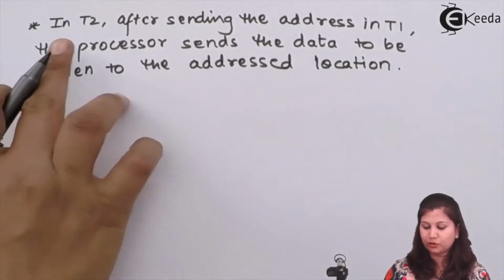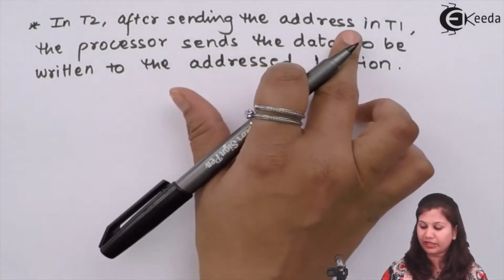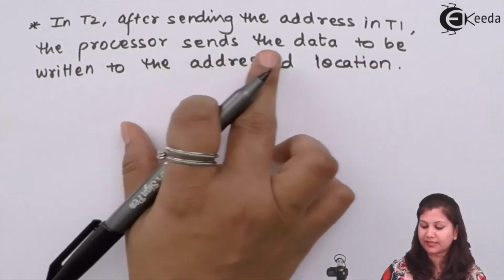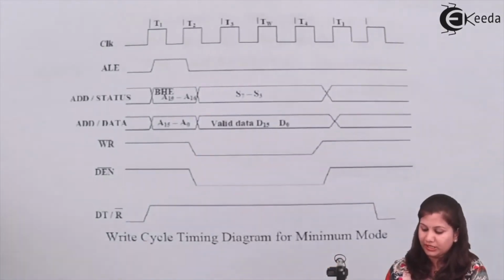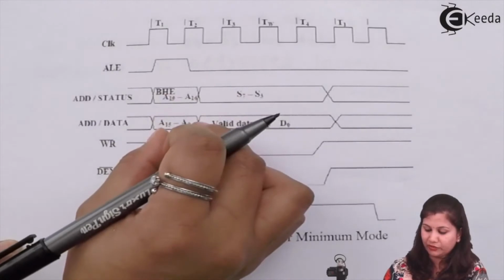So in this T2 state, after sending the address in the T1 state, the processor sends the data to be written to the address location. You can see here that in the T1 state we have the address.